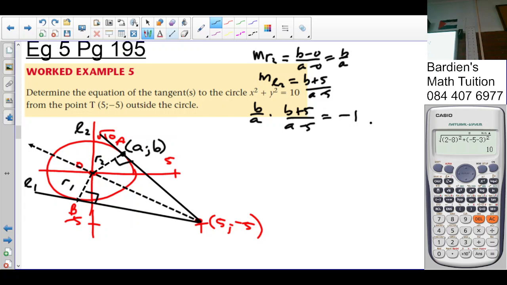So that's going to give us b squared plus 5b is equal to negative a squared plus 5a.